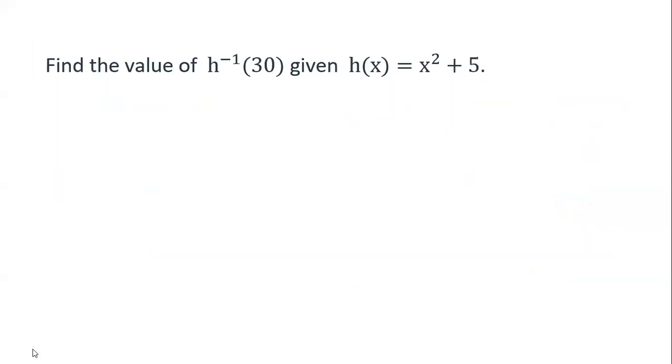Members, can we try this? Now, the first thing I want you to do, always first find your h inverse of x. They have given us h of x equal to x squared plus 5. So first find what is h inverse of x. That is the first step.